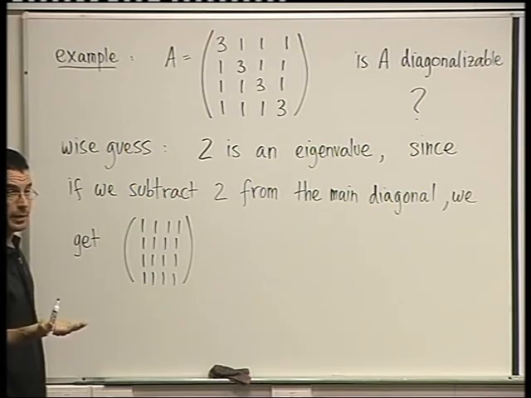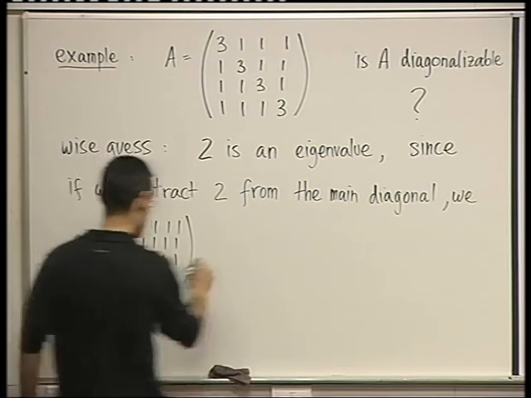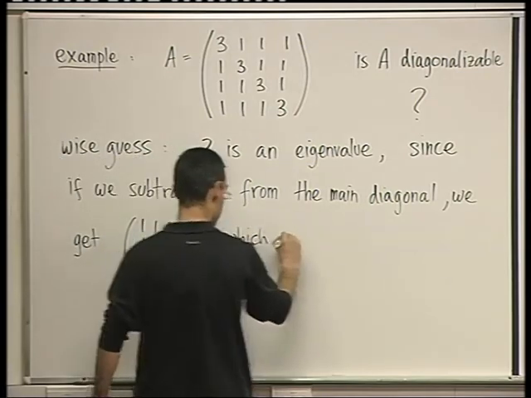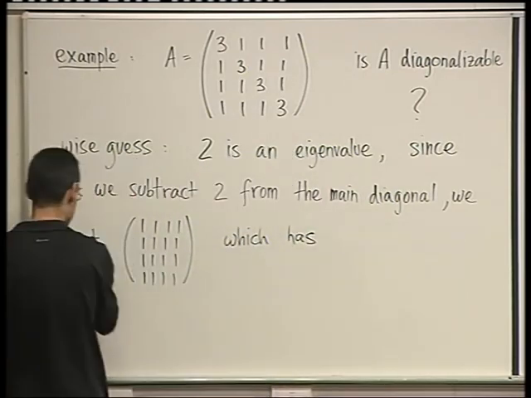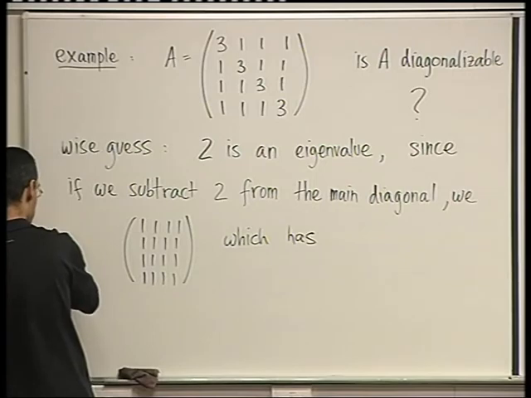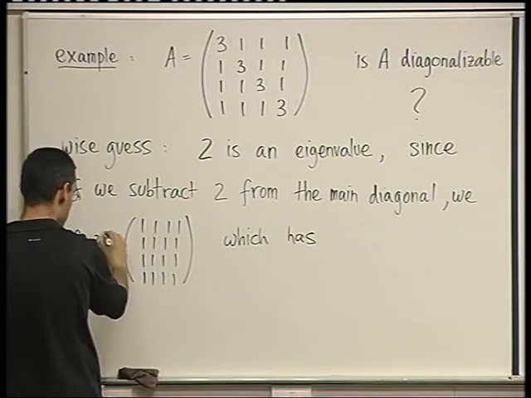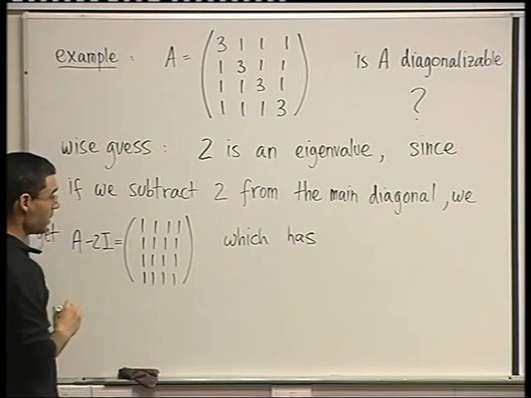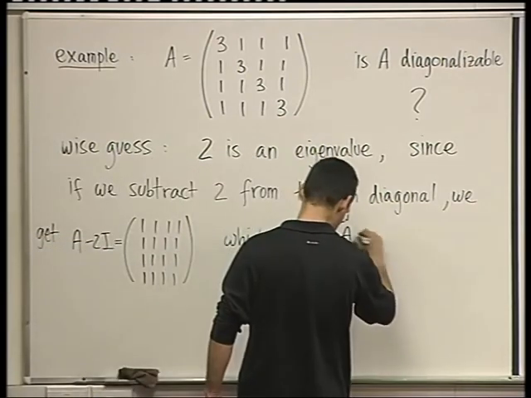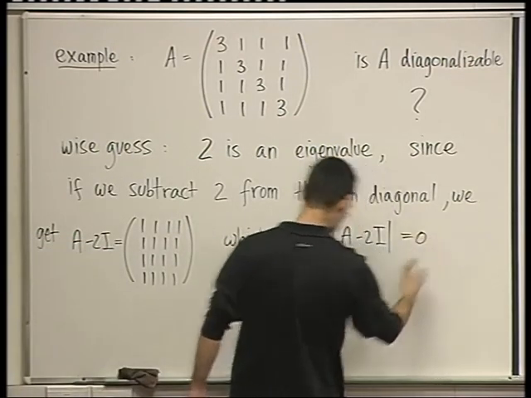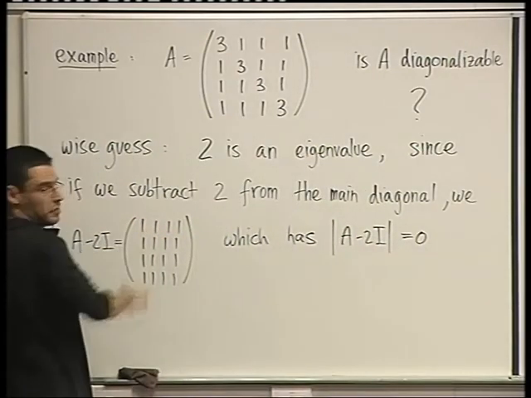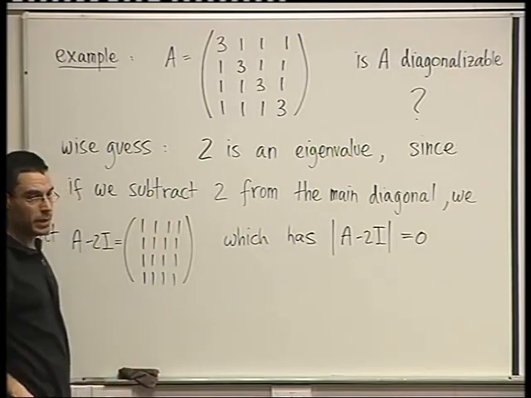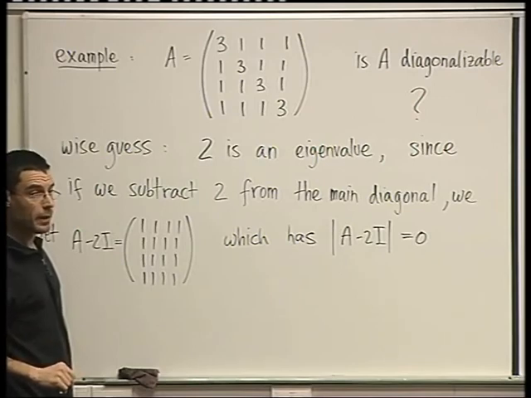Because it doesn't have full rank. Let's call it what it is: A minus 2I, which has determinant of A minus 2I equals 0, obviously, because it doesn't have full rank. That's the theorem. The determinant is nonzero if and only if it has full rank, if and only if it's invertible, and so on. Good? So do you see that?